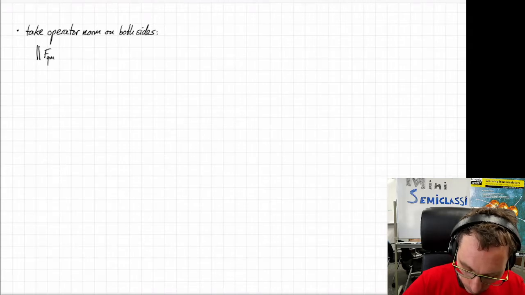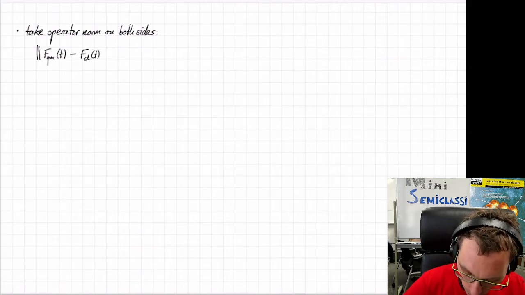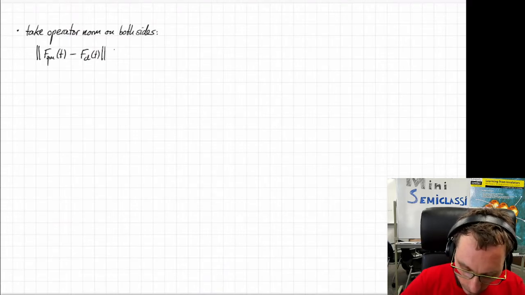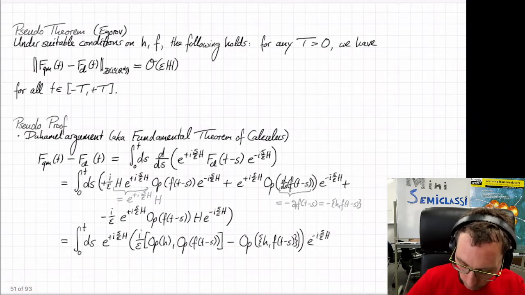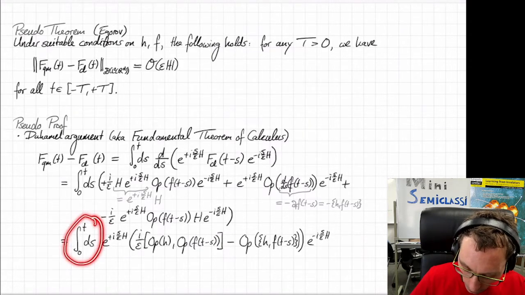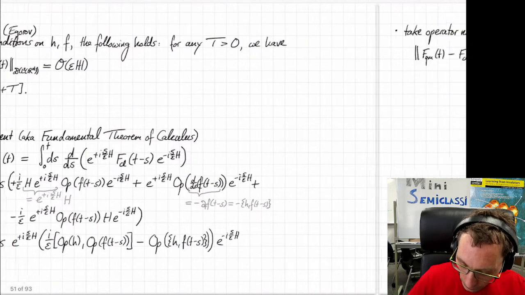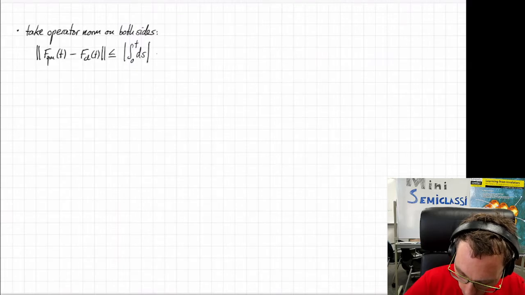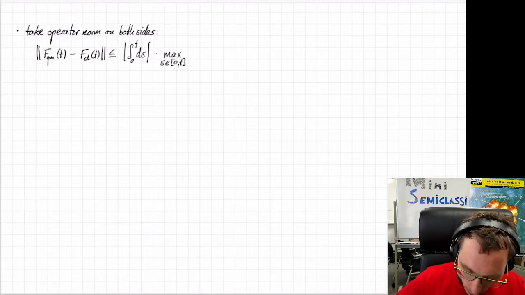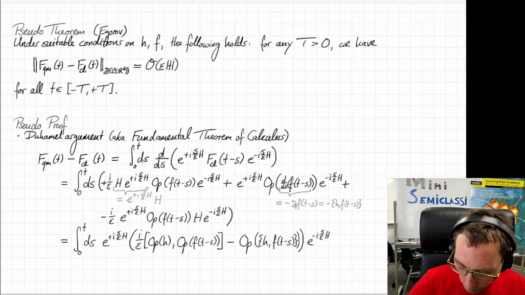So the operator norm of f quantum of t minus f classical of t is less than or equal to, if we look here, the absolute value of the integral times the maximum of the integrand. And okay, what is the integrand? Let me copy and paste.